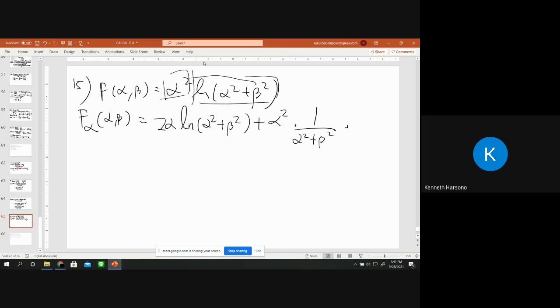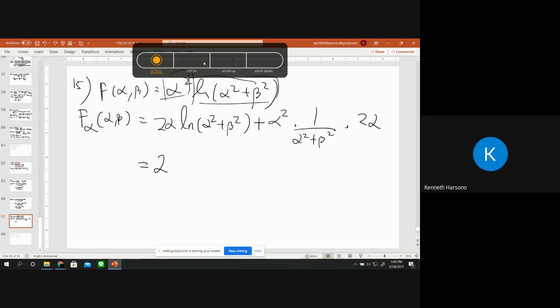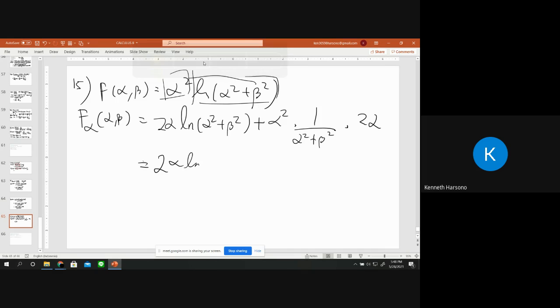So it just became 2 alpha. So if you simplify this one: 2 alpha ln alpha squared plus beta squared plus 2 alpha power of 3 all over alpha squared plus beta squared.